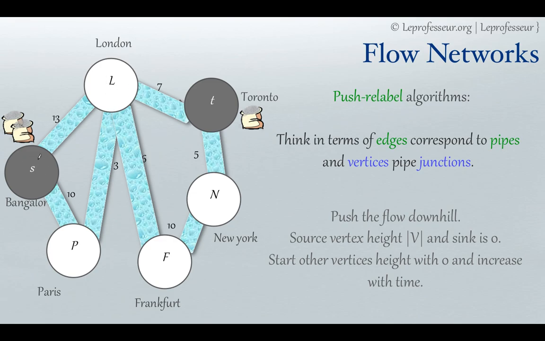Now, water flows from a higher altitude to a lower altitude. That similar concept is applied here. Each vertex is associated with a height, and from the higher altitude node, water will flow down to a lower altitude node.